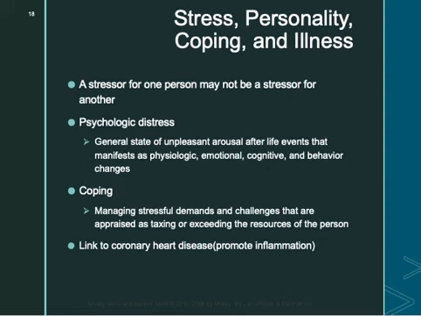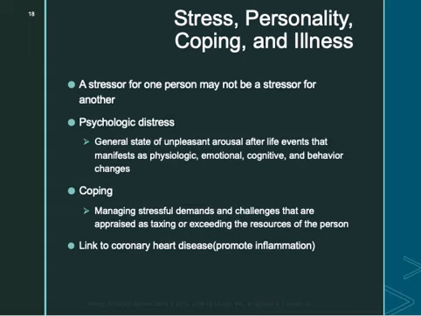The important thing to think about here too is that a stressor for one person may not be a stressor for another. How we perceive things is different from person to person. It depends on the coping mechanisms they have in place, their personality traits, or even underlying diseases that are already present. When we talk about psychologic distress, like I mentioned at the beginning, it's that unpleasant arousal after life events.